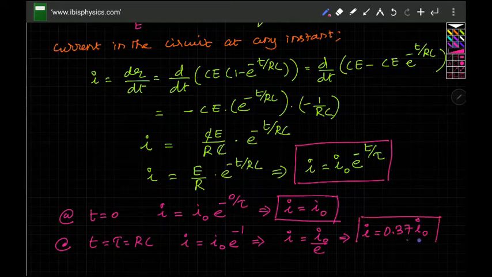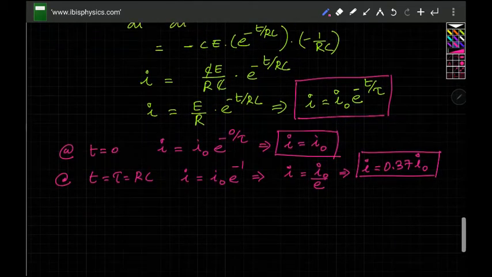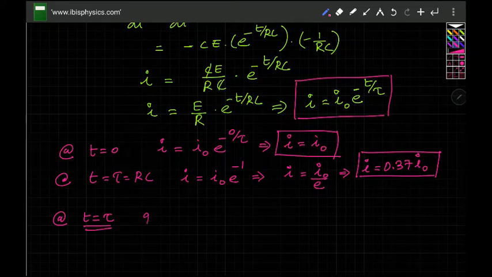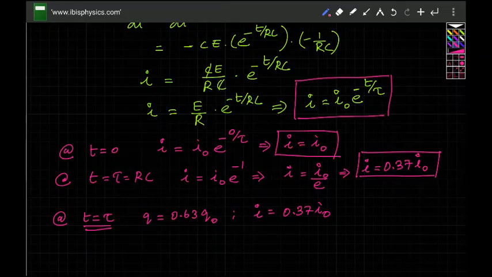Remember that at t equal to tau, Q is 0.63 Q naught. That means when the charge becomes nearly 63% of the total charge, the current becomes 37% of the initial current.